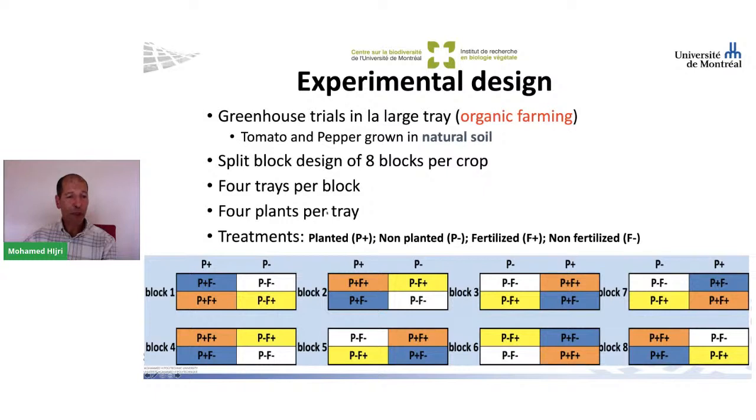We used 4 plants per tray, and the treatments were planted and non-planted, because we want to see the impact of seaweeds on the microbial community without plants, but for some other treatments, fertilized and non-fertilized. These are really randomly split, for tomato and pepper, and both trials were done at different times. They were not done in parallel.